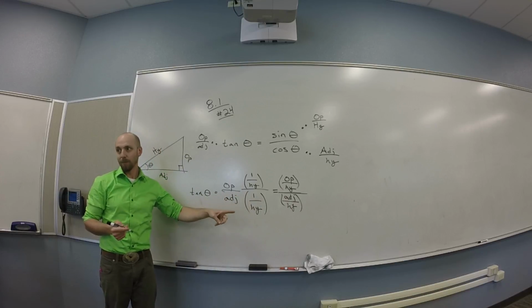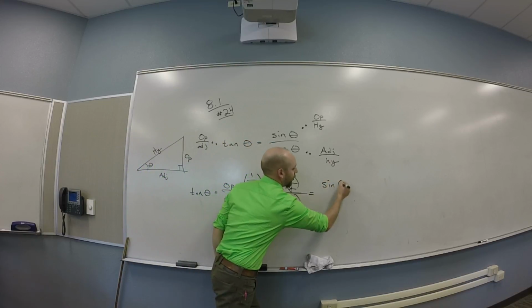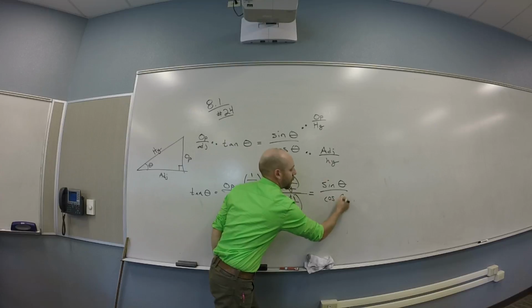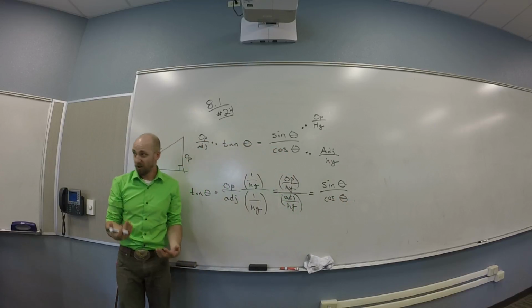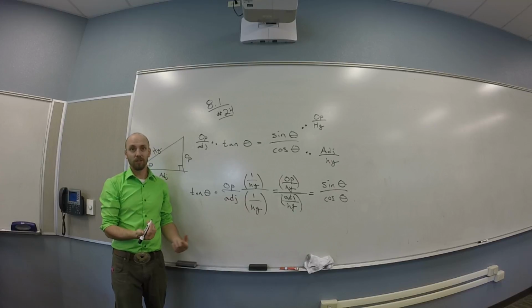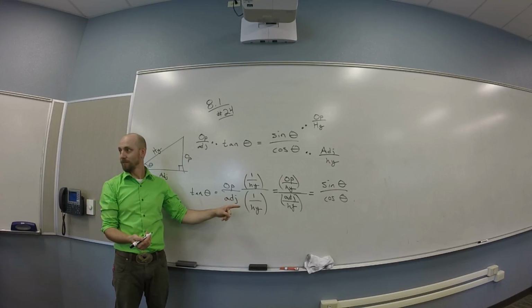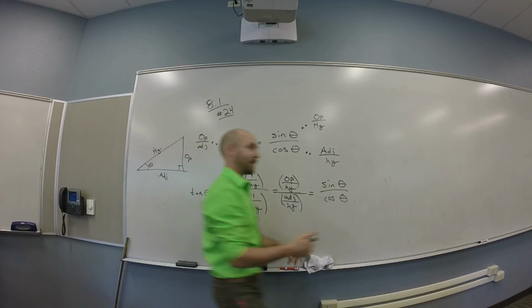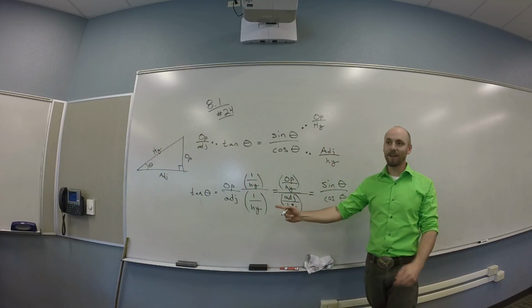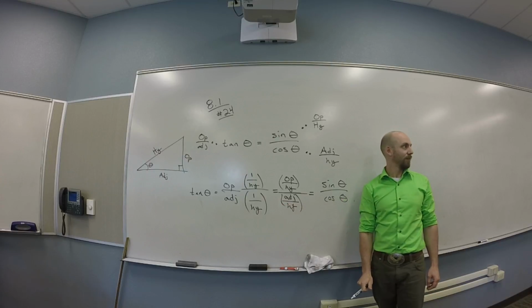Because all I did was multiply by 1. But on the other hand, that's sine of theta over cosine of theta. And because this is all equality, it doesn't matter which way you go. You guys see that? And so because I wanted to say hypotenuse, I was going that way. If you wanted to say it the other way, you could go that way. You guys cool with that? Questions there?